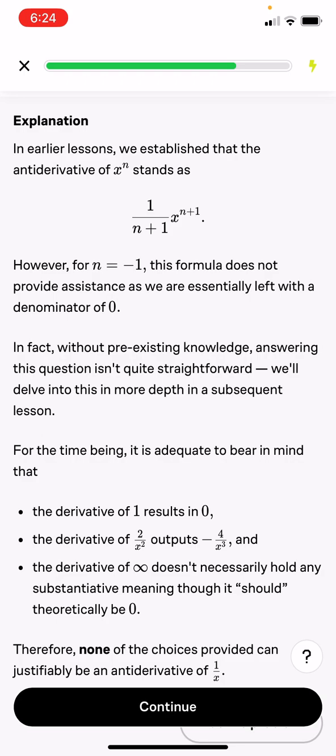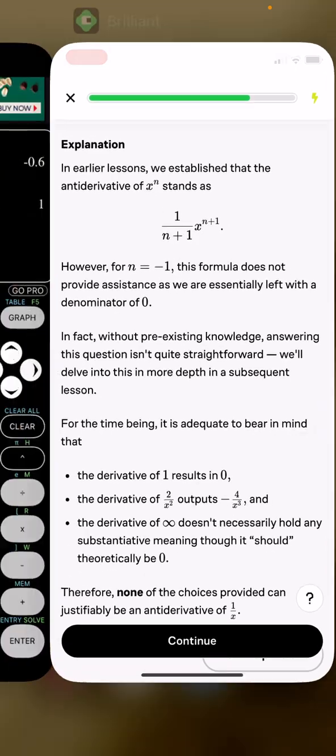But in earlier lessons, we established that the antiderivative of x to the n is 1 over n plus 1 times x to the n plus 1. However, for n equals negative 1, this formula does not work, as we are left with a denominator of 0. In fact, without pre-existing knowledge, answering this question isn't quite standard. We'll delve into this more in a later lesson.